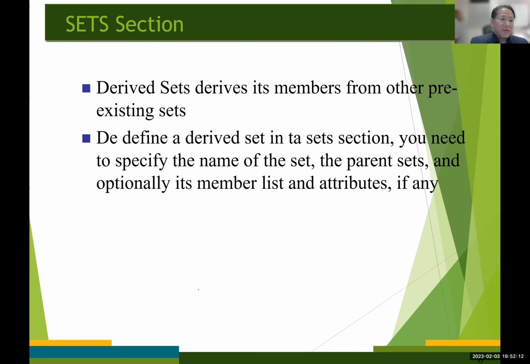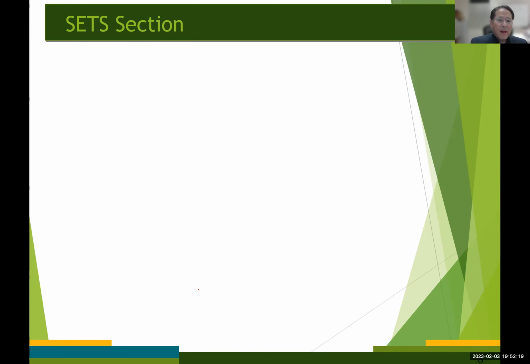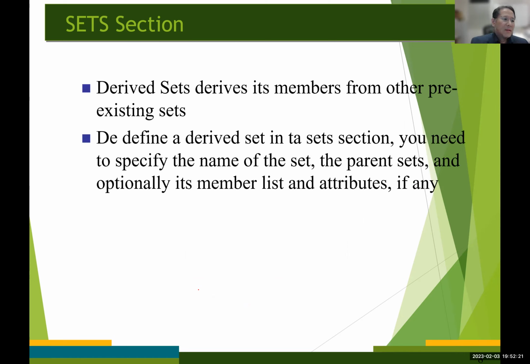A derived set derives its members from other pre-existing sets. So to define a derived set in a sets section, you need to specify the name of the set and the parent set list, which is the list of previously defined sets separated by commas.